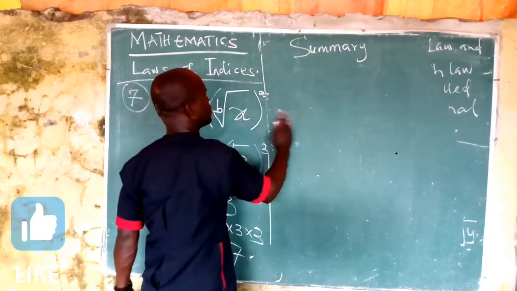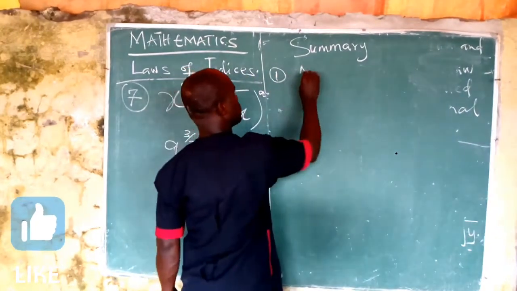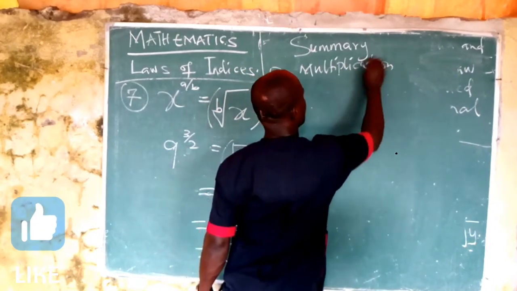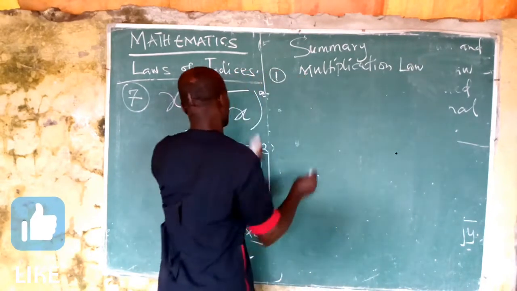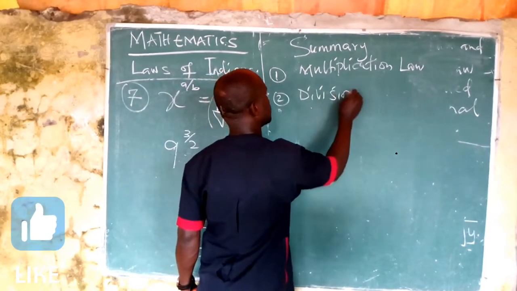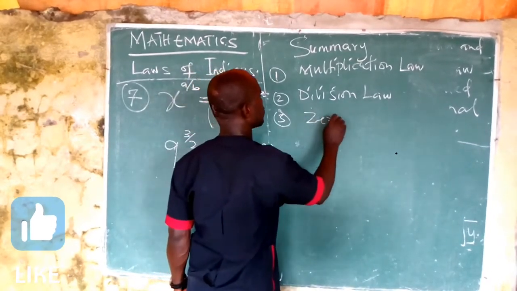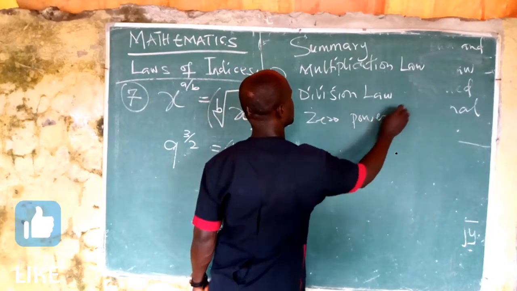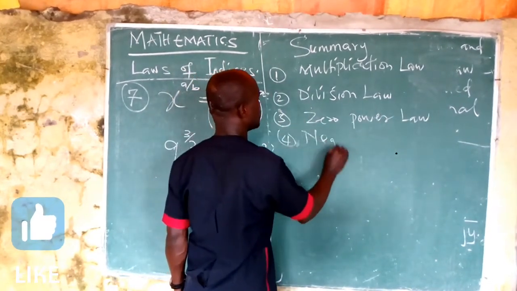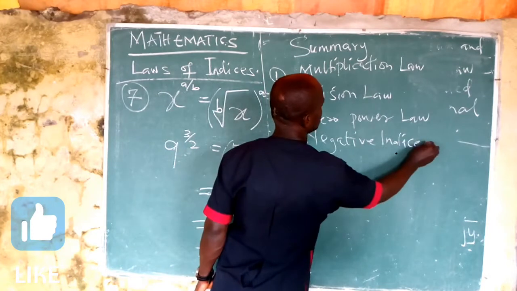Summary. First law, we say multiplication law. The second one, we say division law. The third one, we say zero power law. The fourth one, we say negative indices.